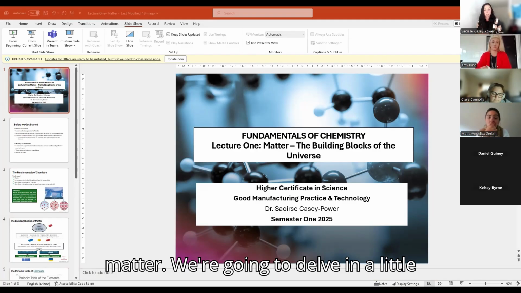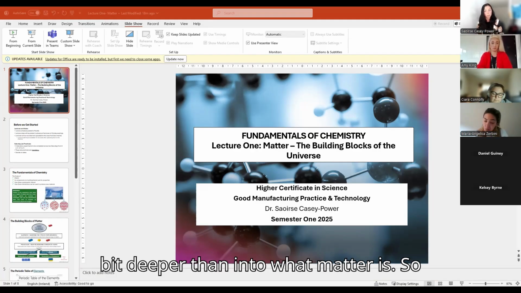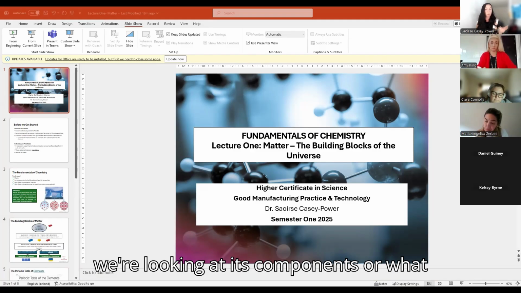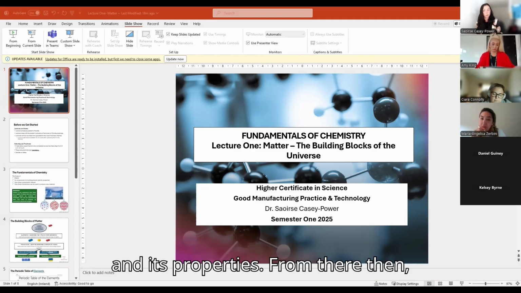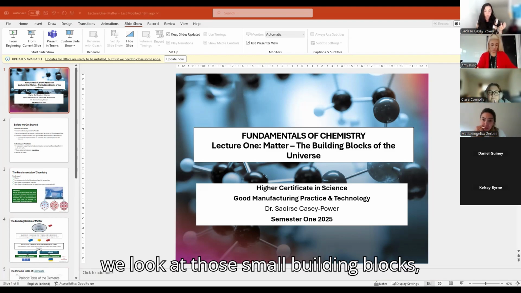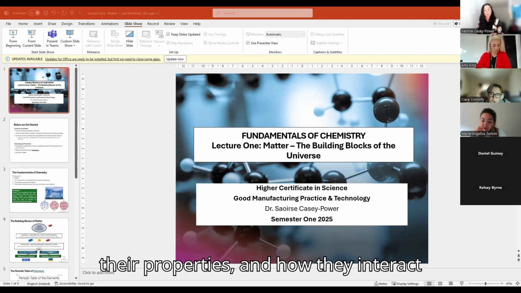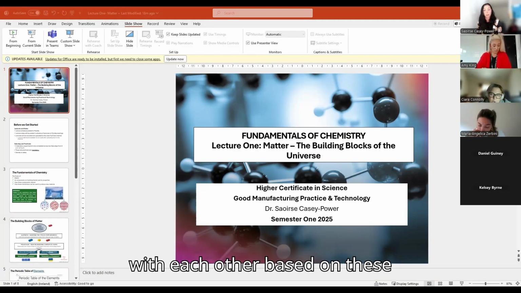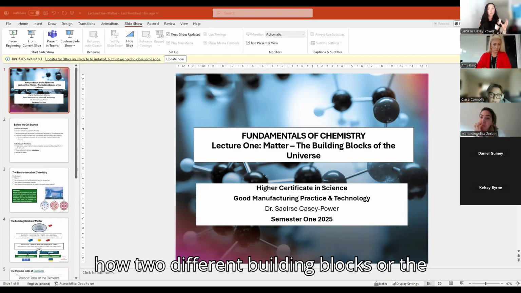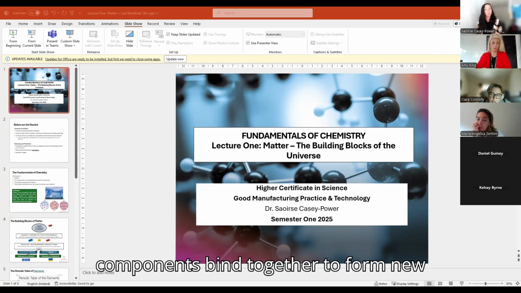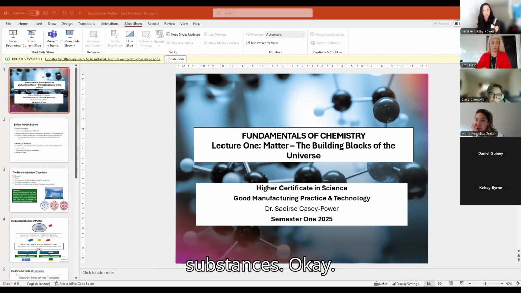We're going to delve a little bit deeper then into what matter is. So we're looking at its components, or what we call the building blocks of matter, and its properties. From there then, we look at those small building blocks, their properties, and how they interact with each other based on these properties. So this is tying into how 2 different building blocks or components bind together to form new substances.